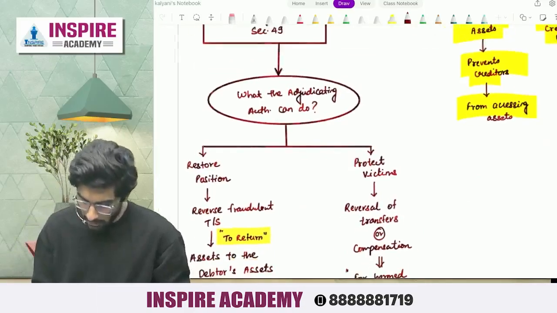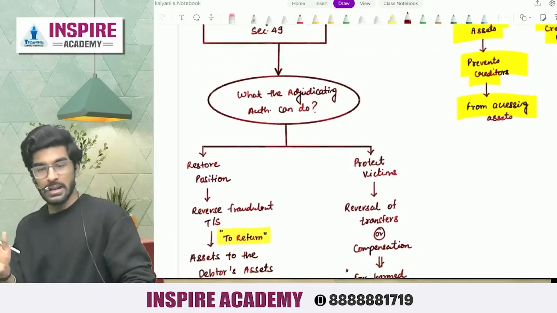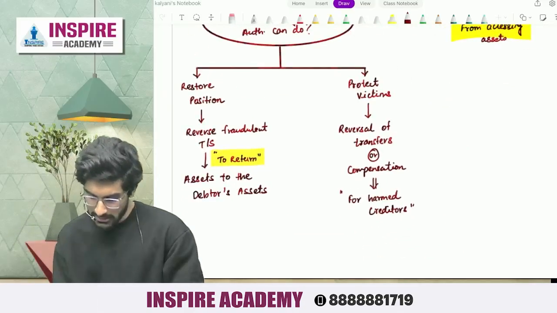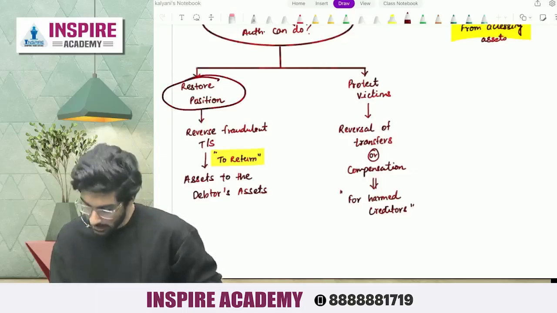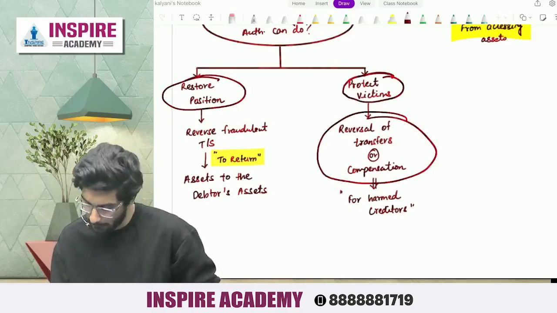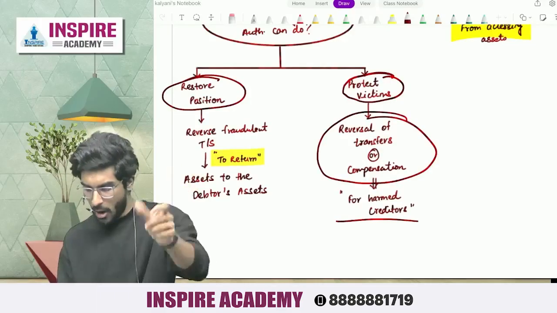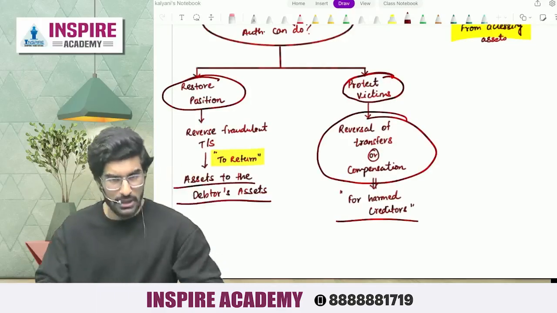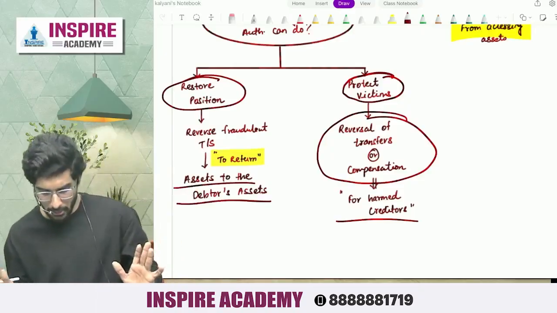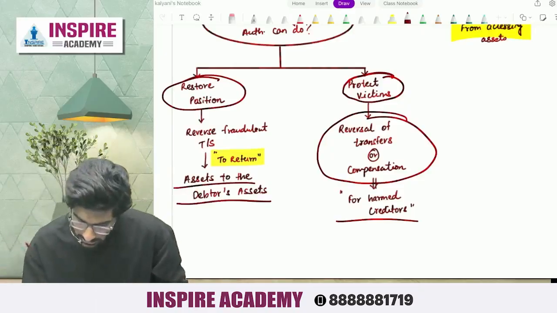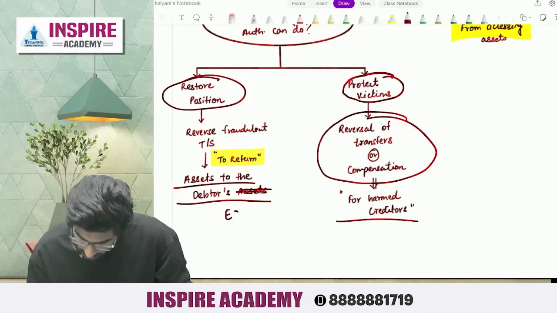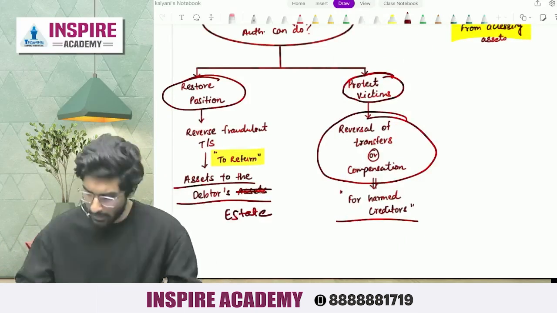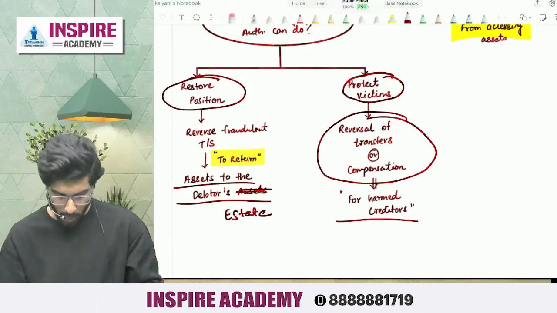Okay. Now, what can the NCLT give? They can ask to restore the position. Number two is they will ask to protect the victims, with reversal of transfers or compensation for harmed creditors, or to return the assets to the debtor's estate. People, this is estate. Very, very simple, people.